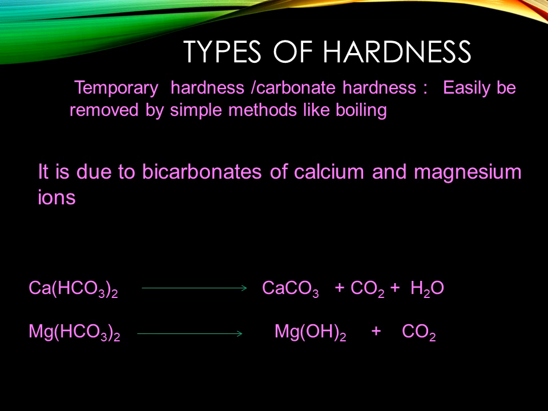When you boil calcium bicarbonate, it is precipitated out as calcium carbonate and carbon dioxide, and we get pure water. Likewise, when you boil magnesium bicarbonate, it is precipitated out as magnesium hydroxide and carbon dioxide, and we get water.